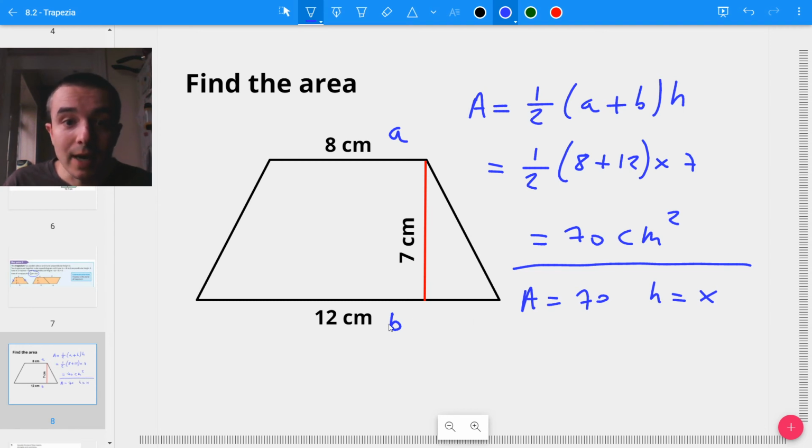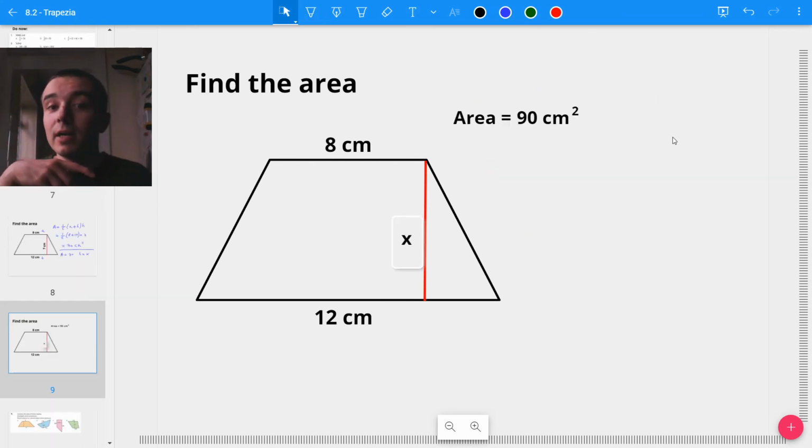Add up the sides. So let's say you have an inverse kind of question. You're given your sides there, so your a and b here, the parallel sides.